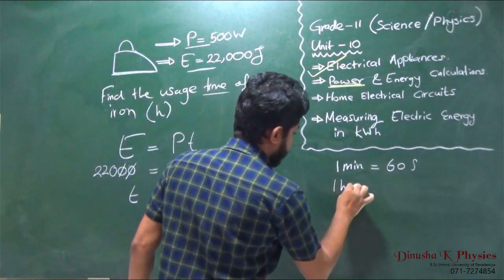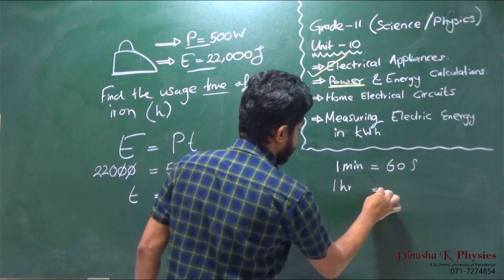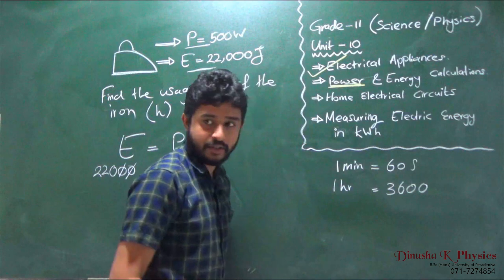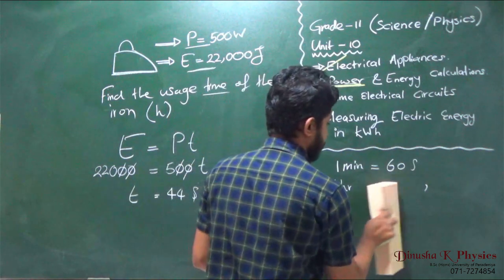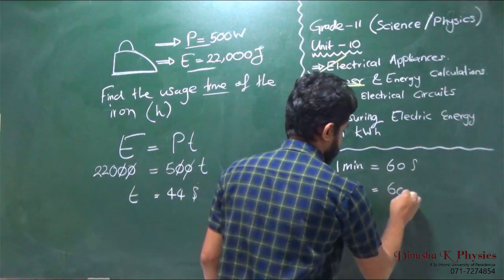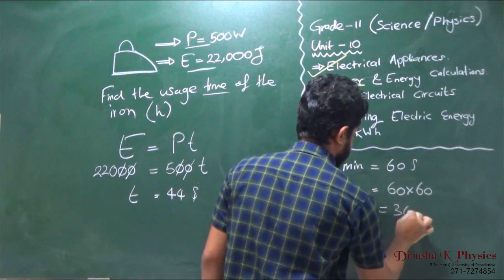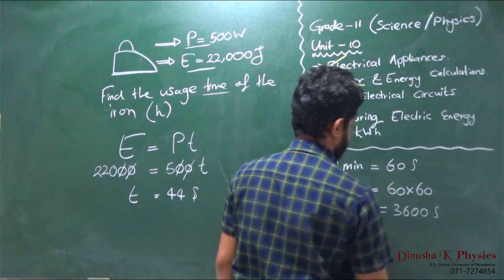1 hour will be equal to 3600 seconds. ඒක කොහොමද ආවේ? 60 into 60 seconds. ඒ කියන්නේ 3600 seconds.